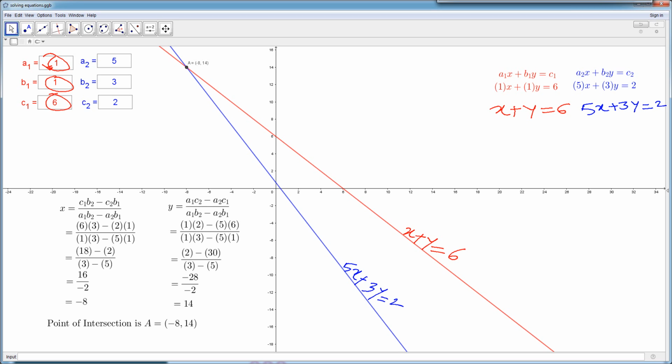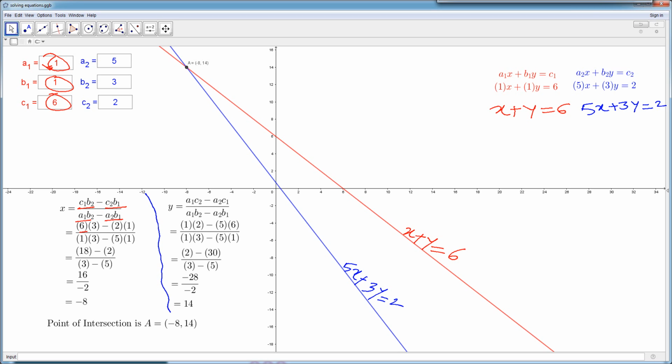As in the previous example, we simply have to substitute the values of A1 B1 C1 and A2 B2 C2 in the corresponding formulae. So let us see the calculation part of determining the x coordinate. The value of x is given by C1 B2 minus C2 B1 upon A1 B2 minus A2 B1. Just substitute the values.